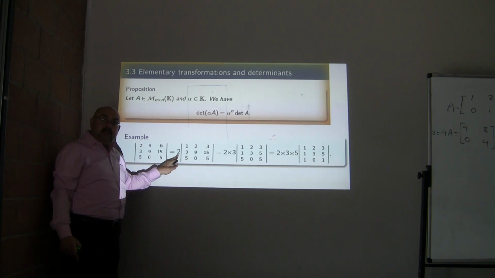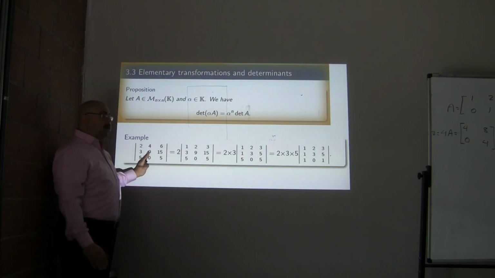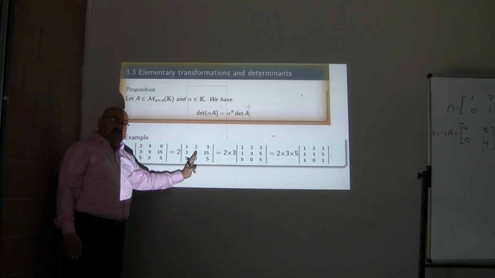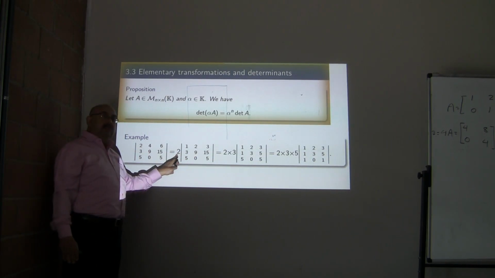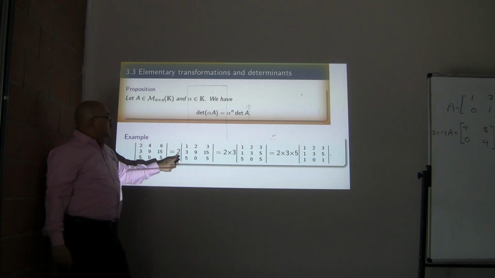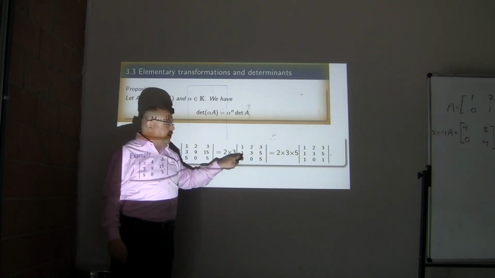Are you with me, guys? But you don't have to think about it. Just evaluate the value of the determinant of this matrix and of that one, you will find them equal to each other once you multiply them by 2. It's done. Simple. Another, if I want to take 3 from the second row, also it's going to be the same result. Just take 3 from the second row.